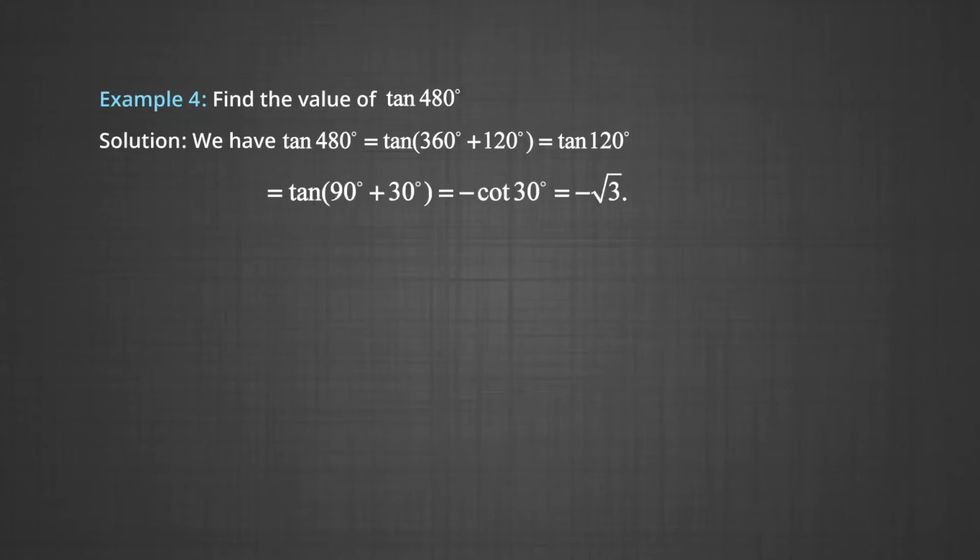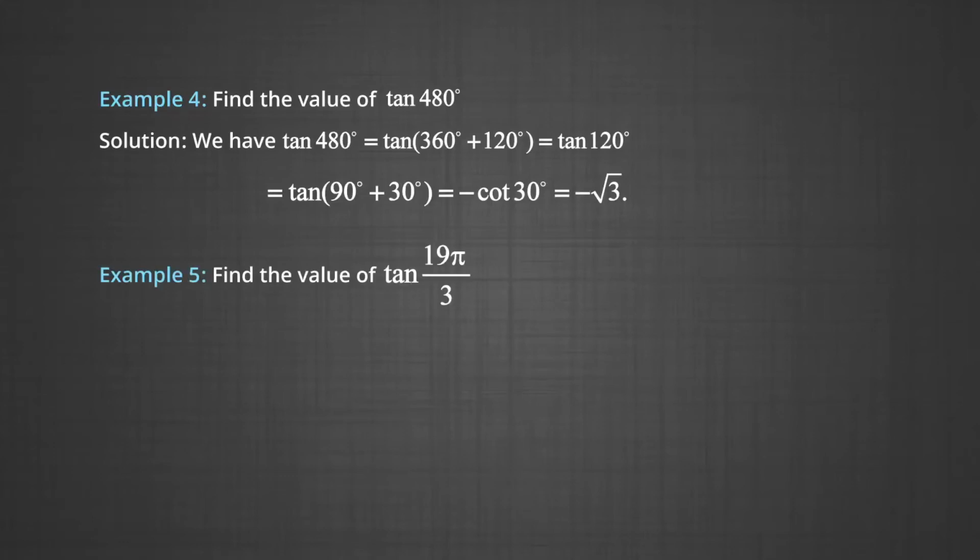Now, 120 can further be expressed as 90 plus 30. So, tan of 120 degree is tan of 90 plus 30. Due to 90 degree, tan changes to cot, and this is in the second quadrant. So, tan of 90 plus 30 degree is equal to minus cot of 30 degree, which is equal to minus root 3.